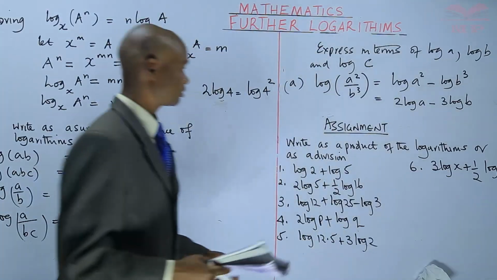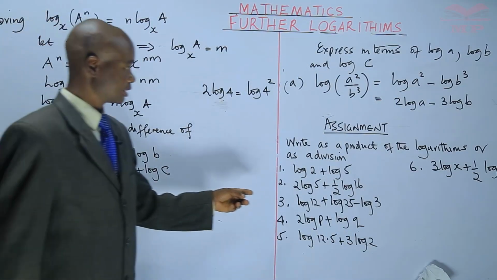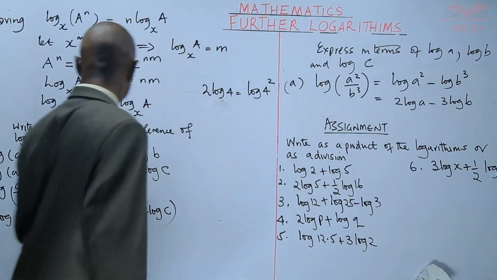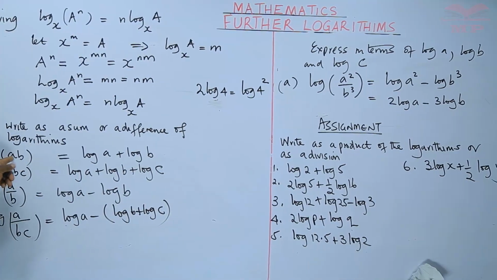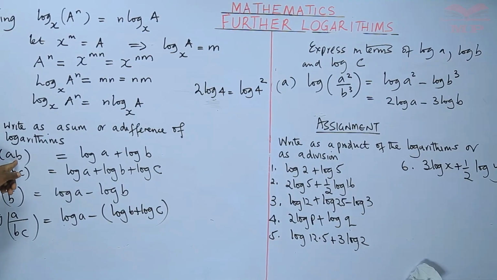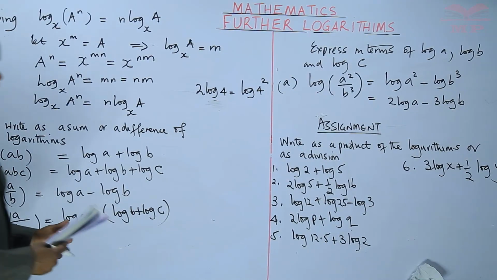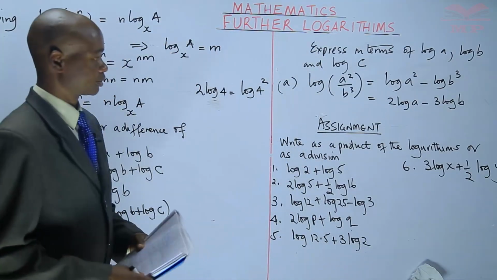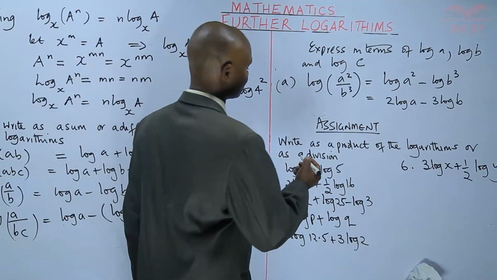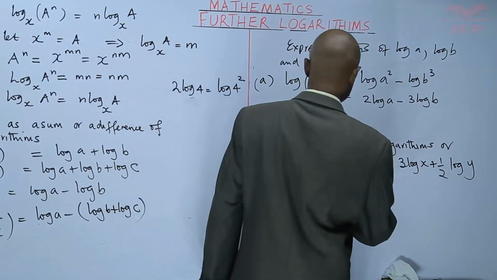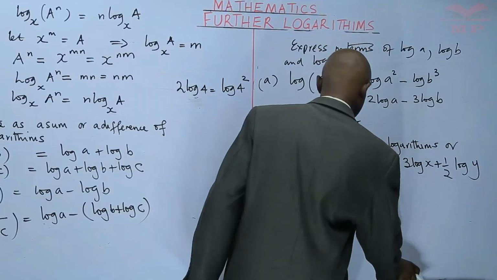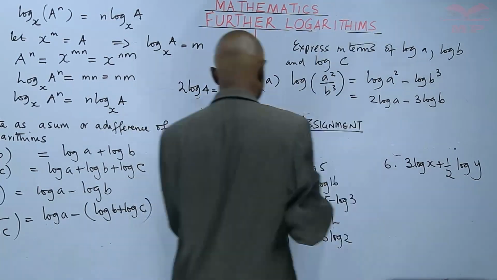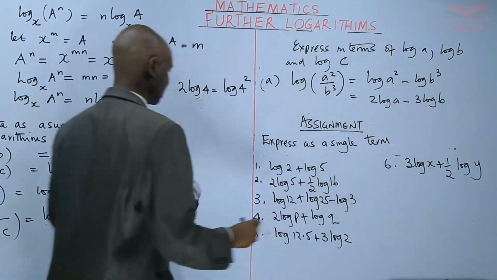So learner, for the assignment, work out that. You write as a product of the logarithms or a division. Here you have a product, here you have a division. Or instead of this, let me just express as a single term.